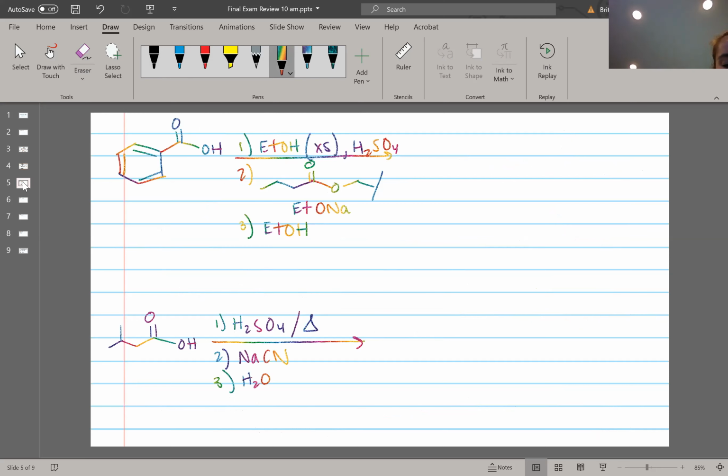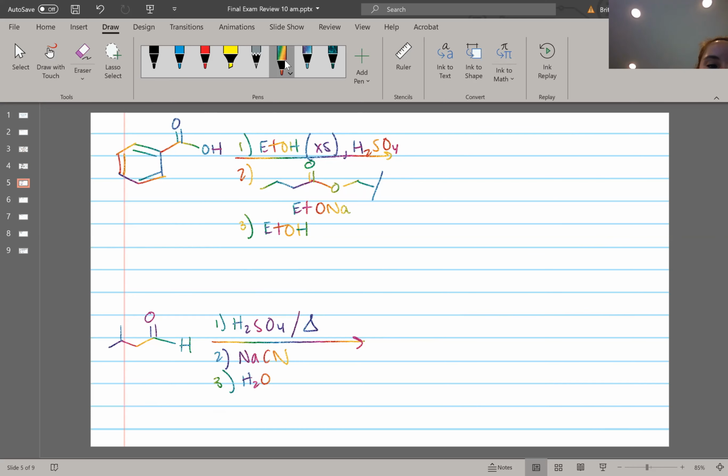Okay, so we have some multi-step reactions here. Nothing too crazy though. Oh, I just saw a mistake in my bottom one here. I did not want that to be a carboxylic acid. I want that to be an aldehyde.